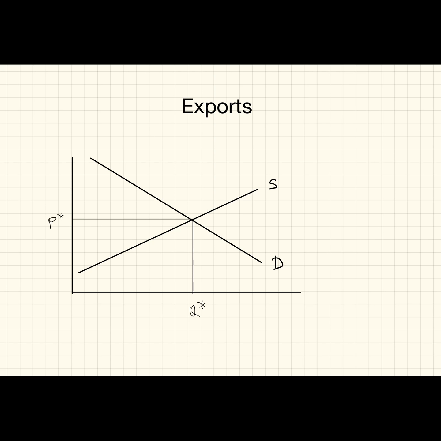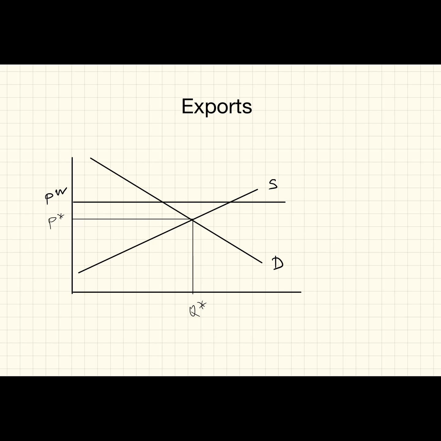One possibility, if you're joining a large market, is that that large market's price is higher than the local market price. So in this case, of course, the large market dominates the small one. So domestic local price, P asterisk, is going to go up to match the world price. So PW is the world price.